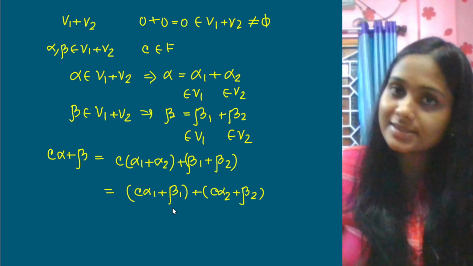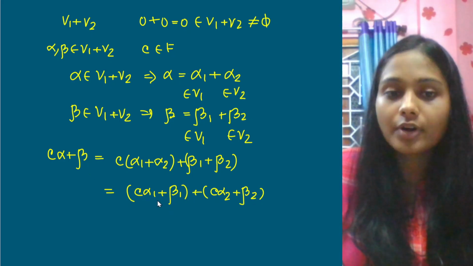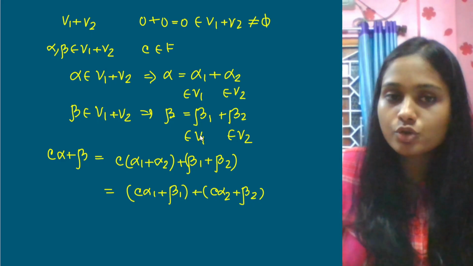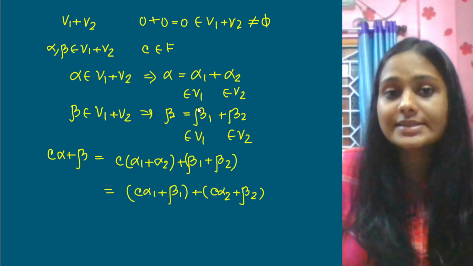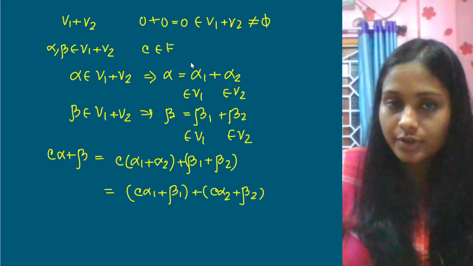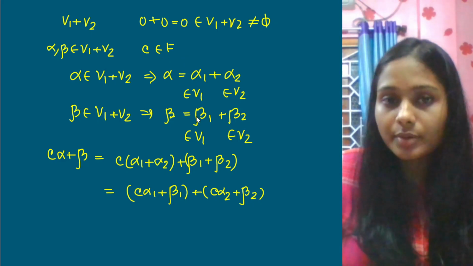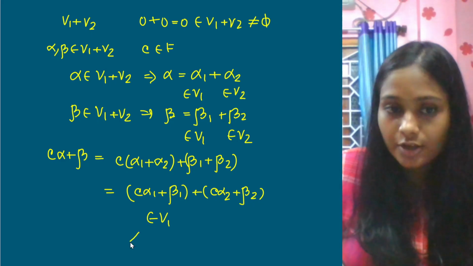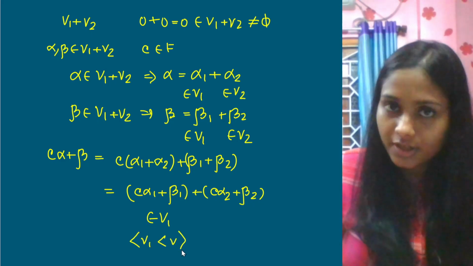This can be written as this. Now alpha 1, beta 1 belong to V1 and C belongs to F. So C alpha 1 plus beta 1 belongs to V1 since V1 is a subspace of V.